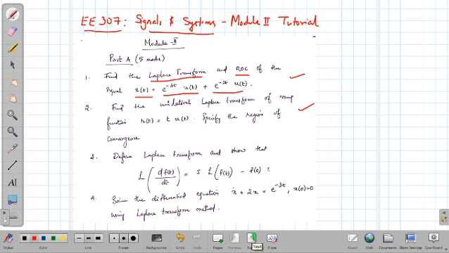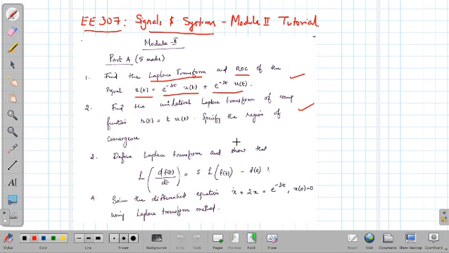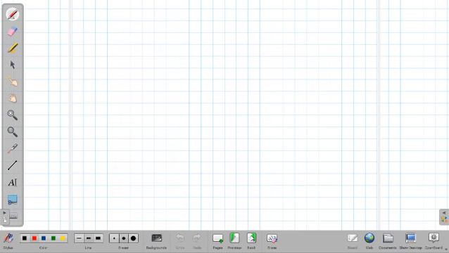Let me take a new page. The question is there in the previous page; we'll go to the next page. Let me write the signal once again. It is x of t is equal to e raised to minus 3t u of t plus e raised to minus 2t u of t.